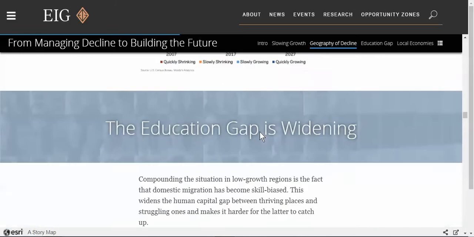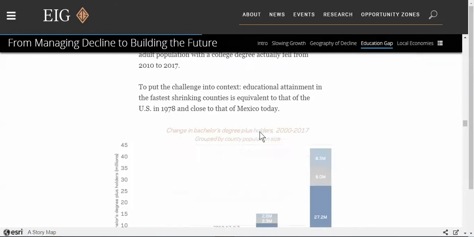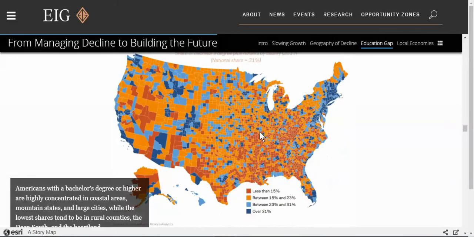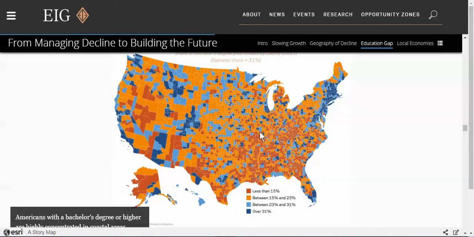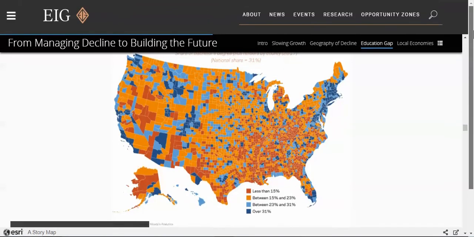Now, the other thing that we're going to see in here, and I'm going to go forward a bit, is that they are also looking at higher education. And so, again, what we are looking at here, I'm going to move this around a bit, is the share of bachelor's degrees plus, in 2017.